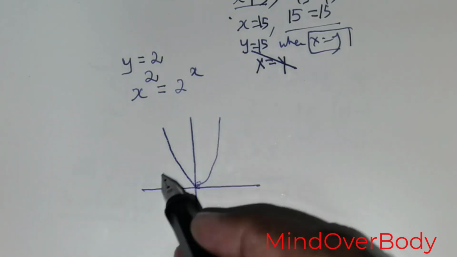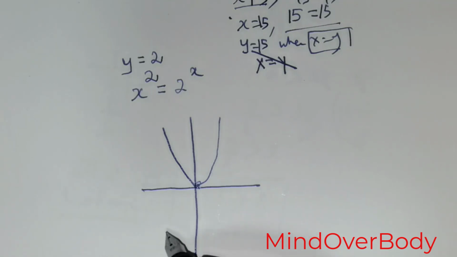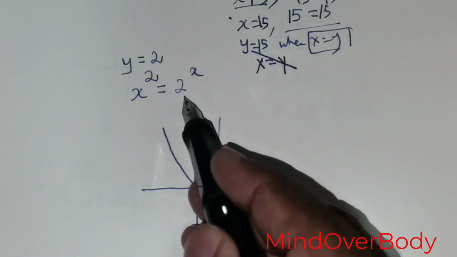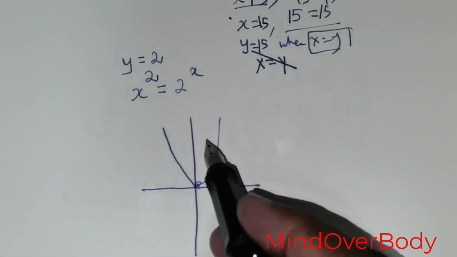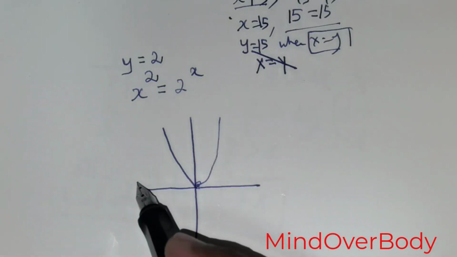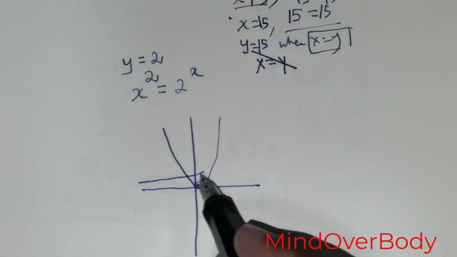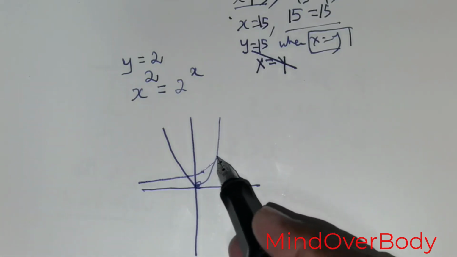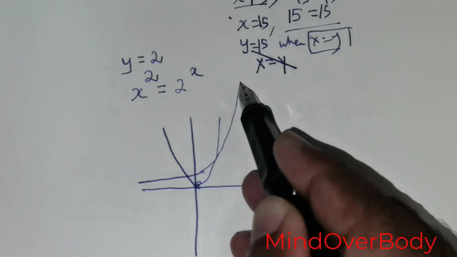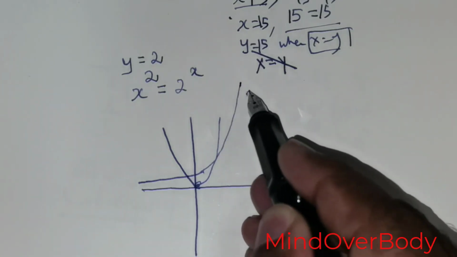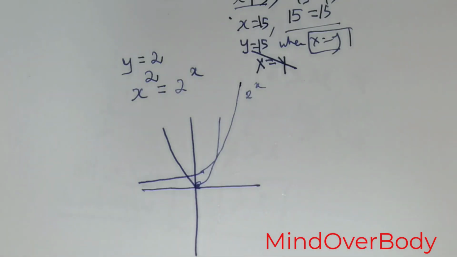Right? An approximate graph. Now if you were to graph 2 raised to the power x, then because it's an exponential graph, the graph would start somewhere over here, and it will hit the point, and then it will move up. This is the 2 raised to the power x exponential function.